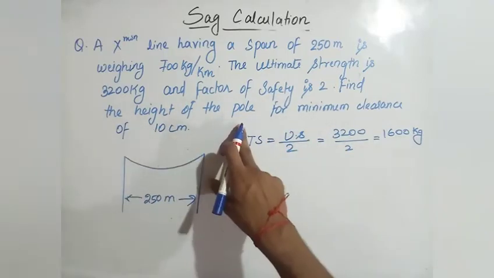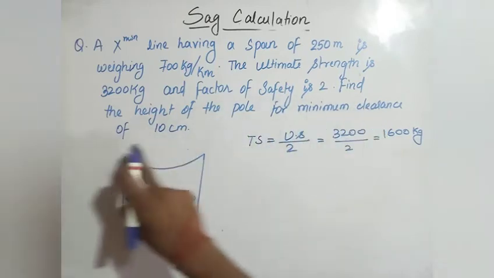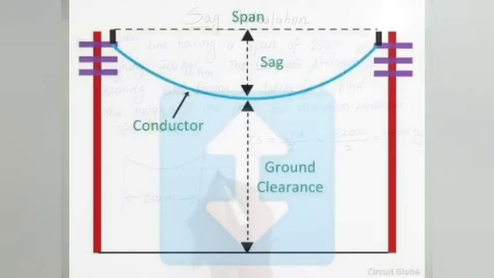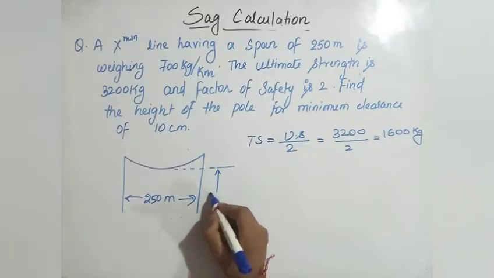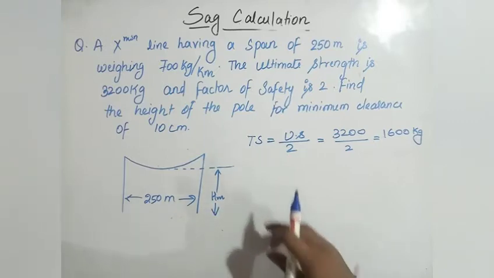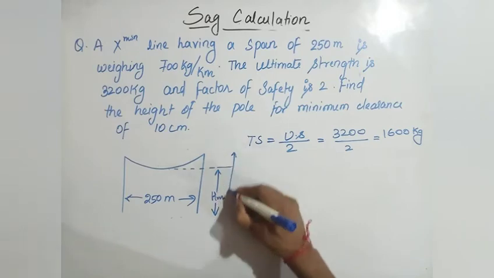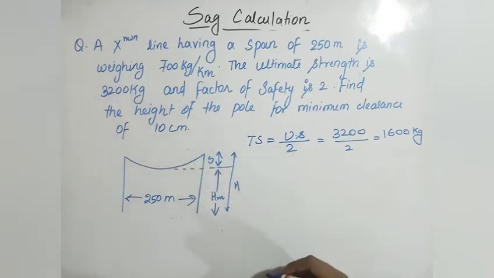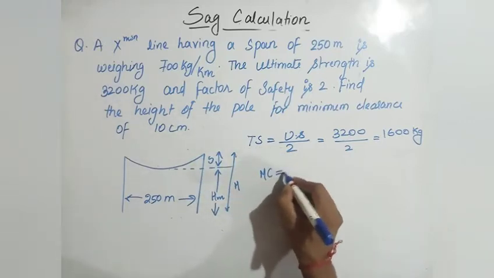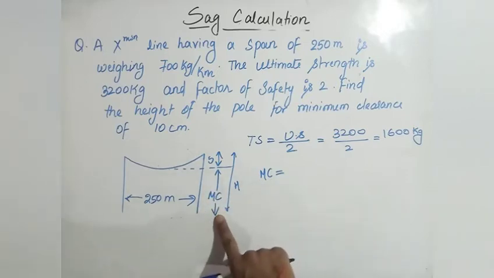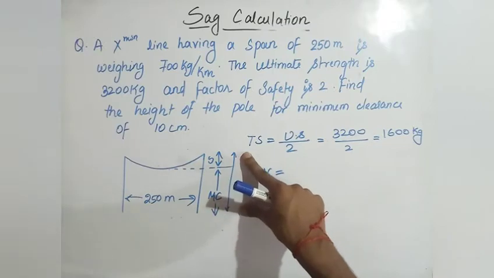Find the height of a pole for minimum clearance of 10 meter. So minimum clearance is actually the difference between height of the support and sag.